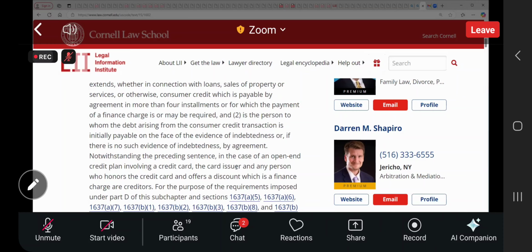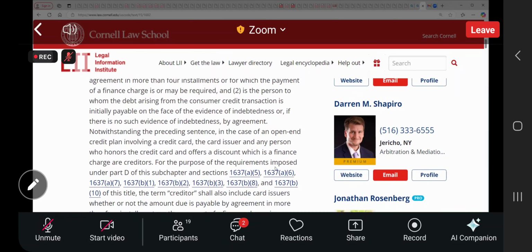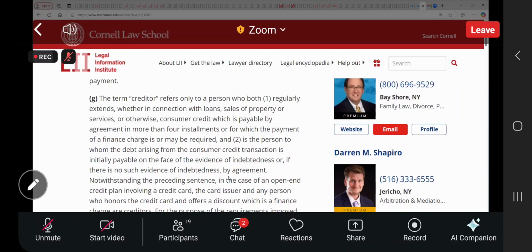The card issuer and any person who honors the credit card and offers a discount, which is a finance charge, are creditors for the purpose of the requirements imposed under Part D of the subchapter and sections. Now, they are creditors, but you are the original creditor, consumer, original creditor.